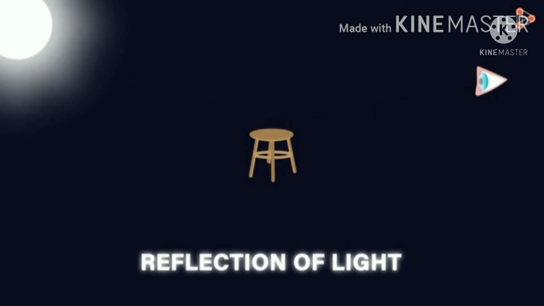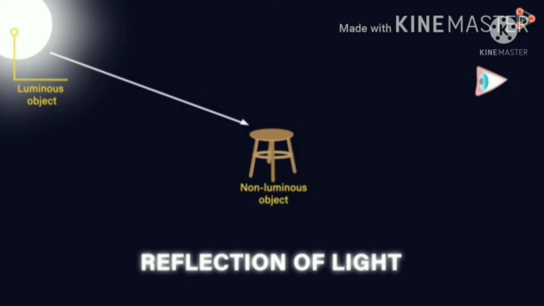So how can we summarize this? We are able to see non-luminous objects because they reflect the light of the luminous objects falling on these surfaces. Let me repeat. The light coming from the luminous objects falls on the non-luminous objects. Non-luminous objects then reflect this light, and this reflected light travels towards our eyes. And that's why we see the objects.